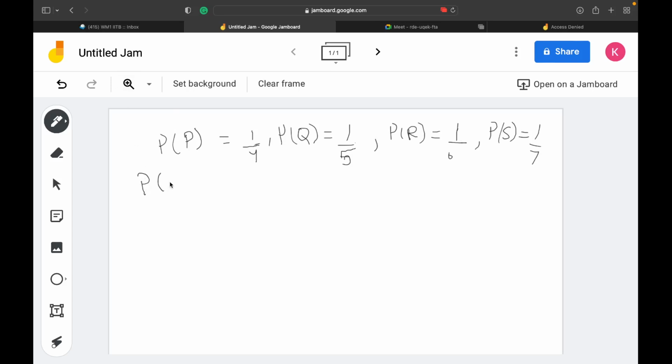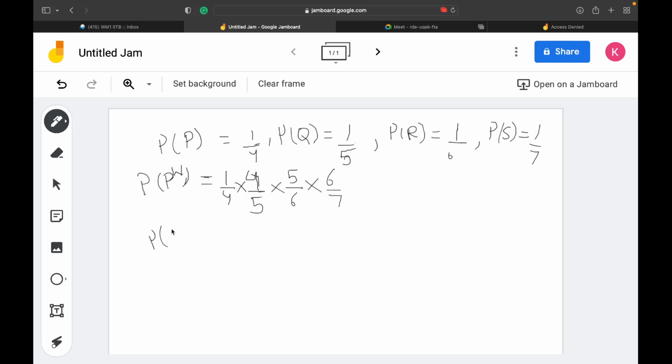So the probability that P will win is 1/4 multiplied by 4/5, which is the probability that Q will lose, then 5/6, the probability that R will lose, and then 6/7, which is the probability that S will lose the race.